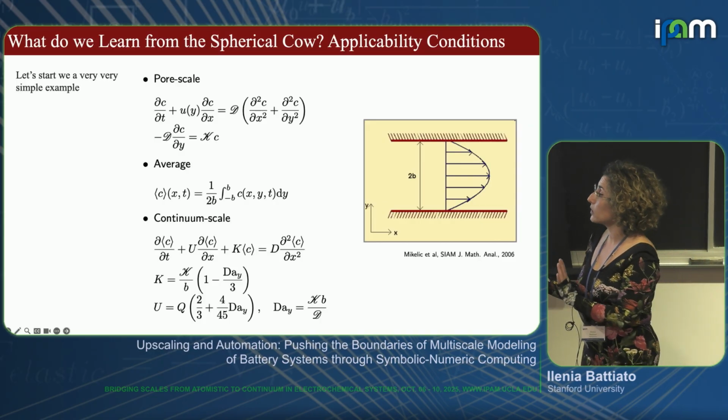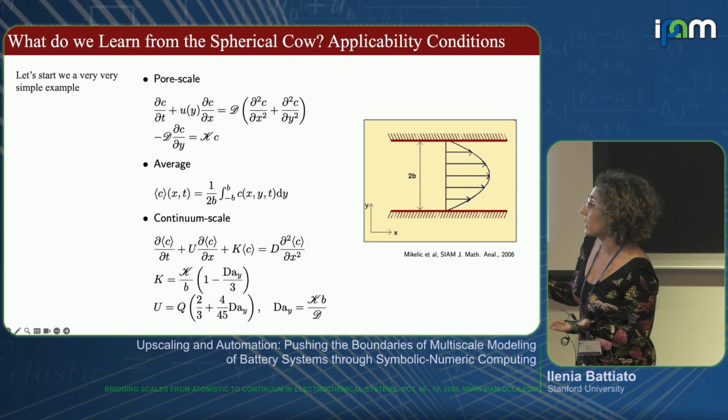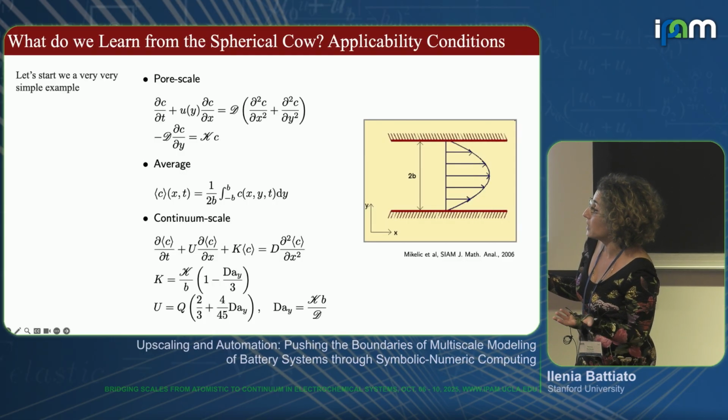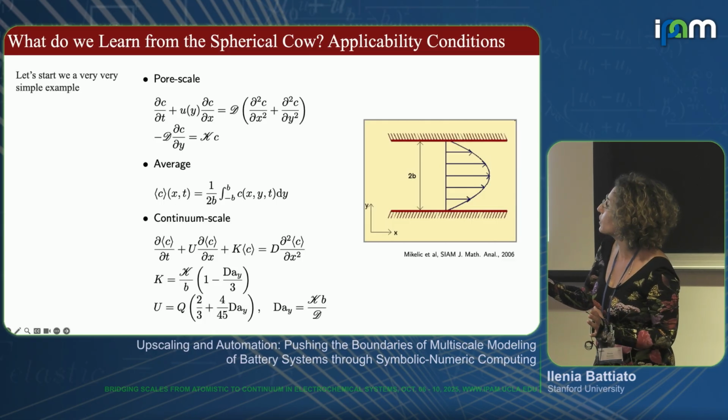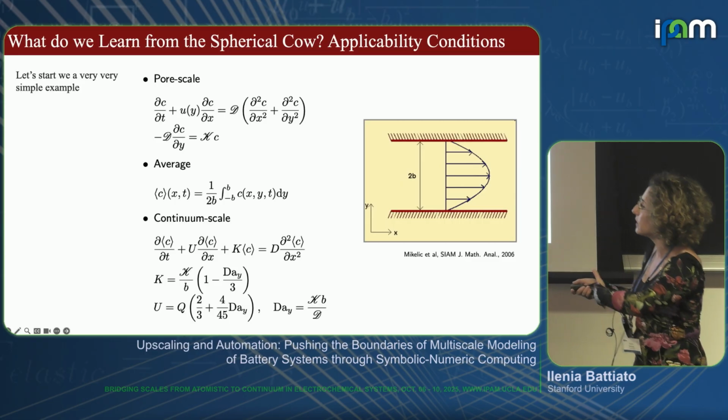These continuum scale models have all the features that we expect. This is an advection-reaction-dispersion equation that is satisfied by the average concentration, and it has effective parameters, and is one-dimensional in space, of course, because we have averaged out the vertical direction.